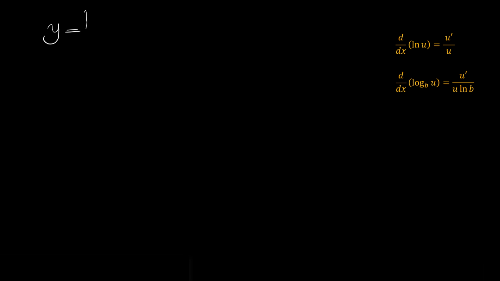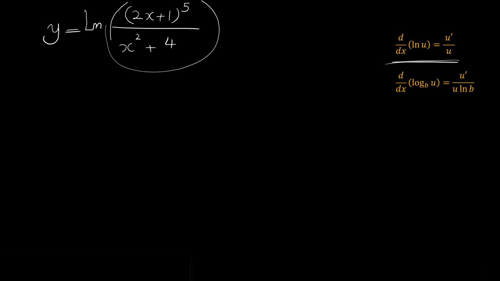y equals ln of (2x plus 1) to the power of 5 over x squared plus 4. If you want, you can start finding the derivative of this function with this formula immediately by choosing all of these expressions as u.